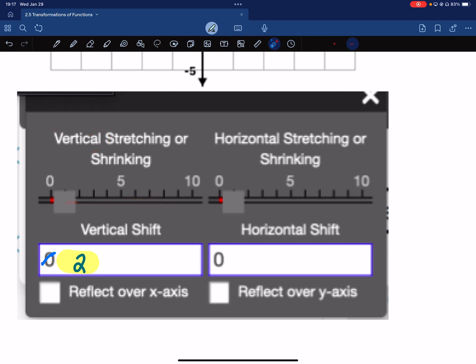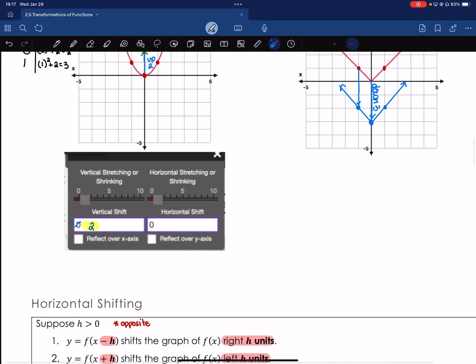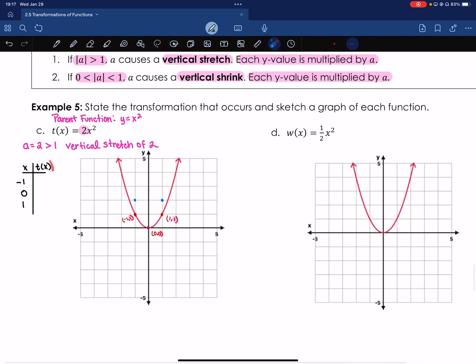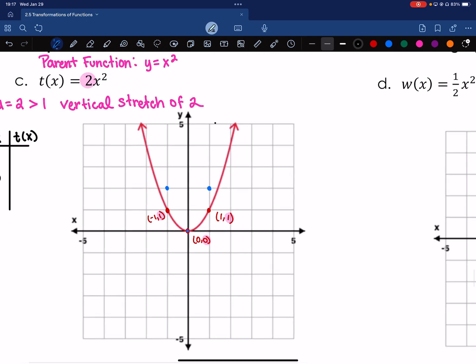So you would slide it until the number 2 pops up, and then you're done. So again, you can make a table, you can move the points. I guess I should connect the dots. And all it does is it stretched it and made it more narrow and a little bit more skinny.